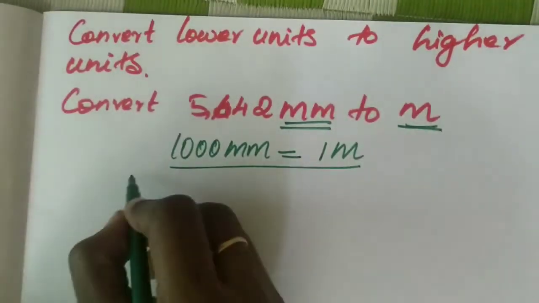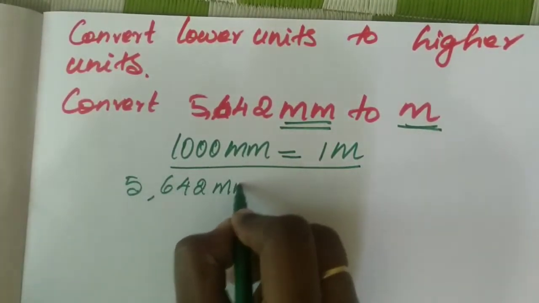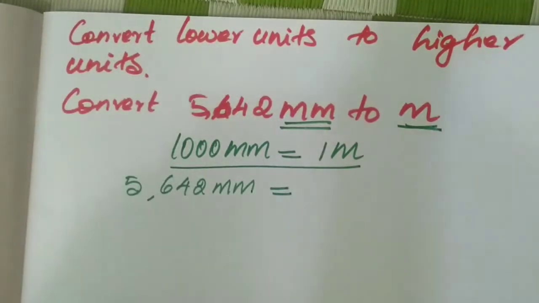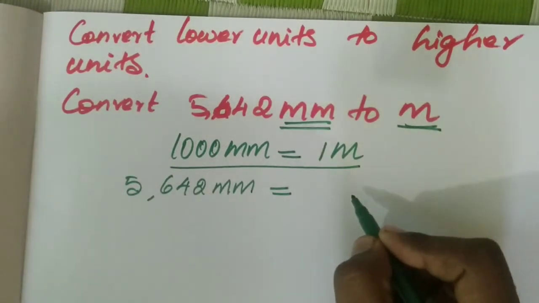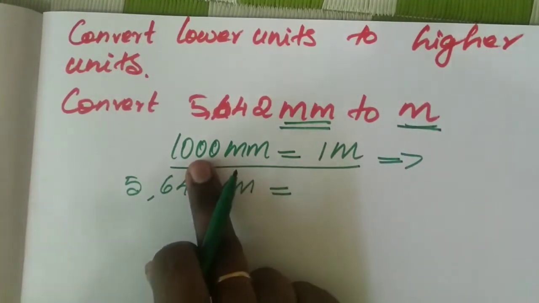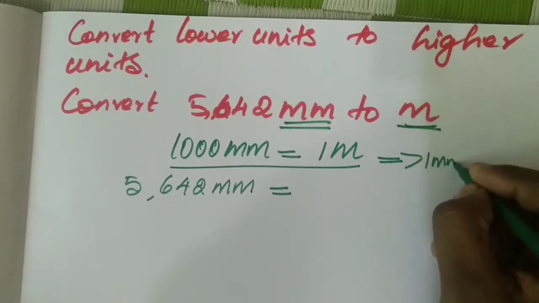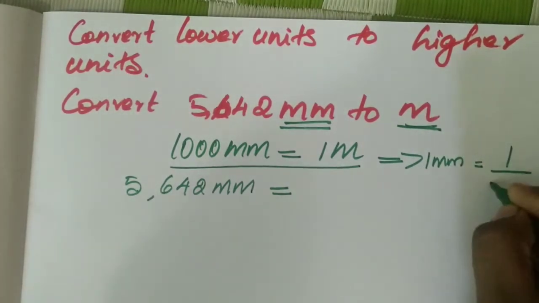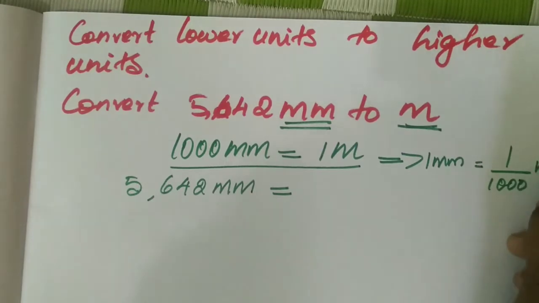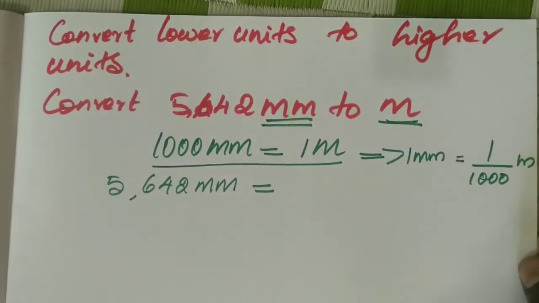Now, 5642 millimeter is equal to, how to do that? Before that we want to find what is 1 millimeter. From this, 1 millimeter is equal to 1 by 1000 meter. Are you clear guys?